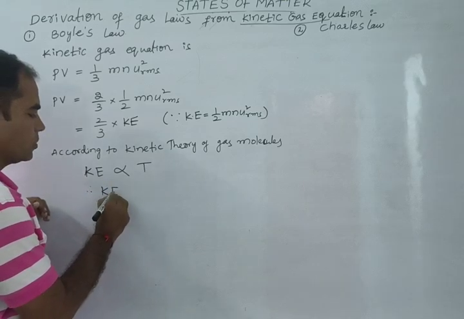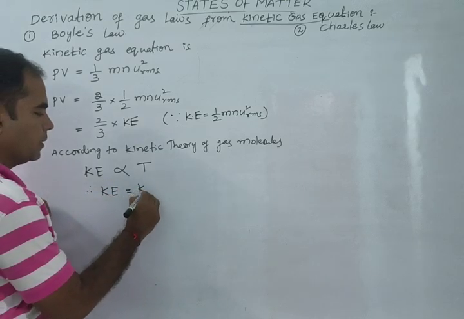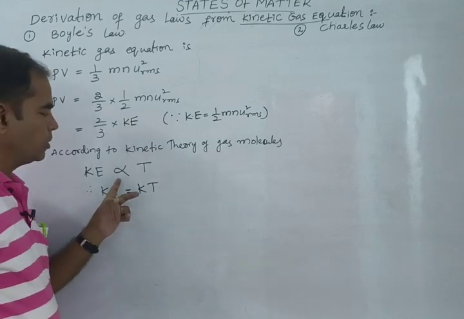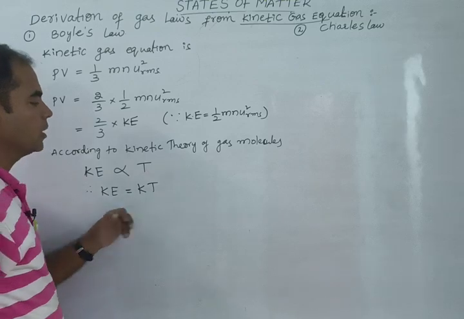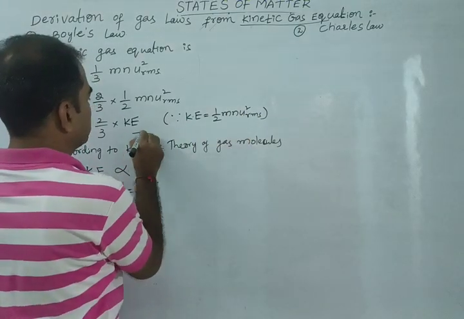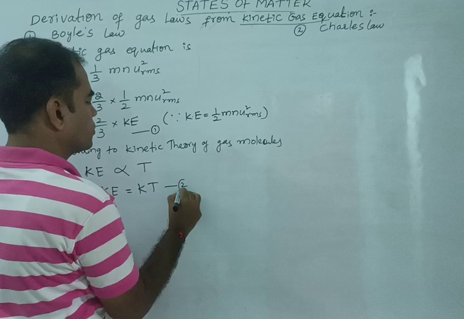Therefore, removing the proportionality, we represent it with a constant term K: KE equals KT.